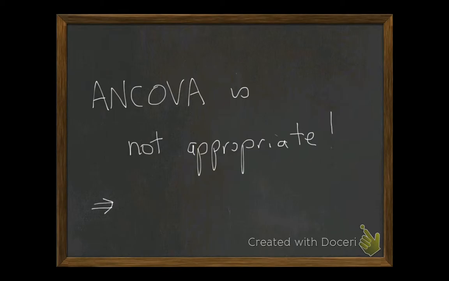And again, the assumption of normality doesn't bother me as much, nor does the homogeneity of variance. But ANCOVA is just simply not appropriate when we violate the homogeneity of regression slopes. So, guys, I would go with what we call a non-parametric design.